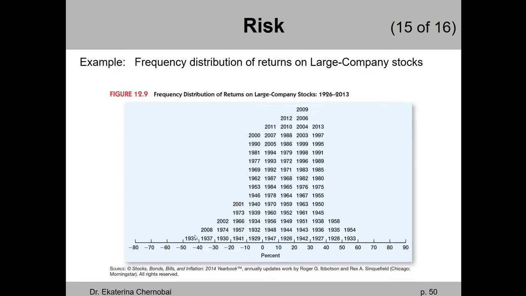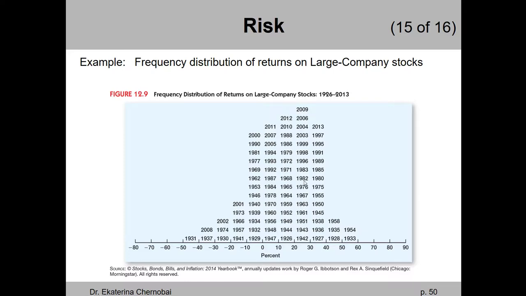And clearly something unusual, like losing more than 40% of your money in 1 year, only occurred once, in 1931. That's part of the Great Depression financial crisis of the 1930s. Other unusual returns, for example very good returns, earning between 50% and 60% in 1 year, occurred only 2 times. So that's what the frequency distribution tells us.